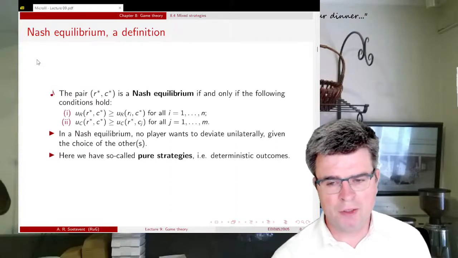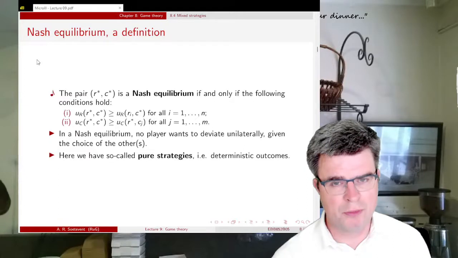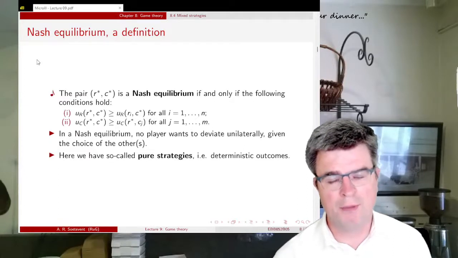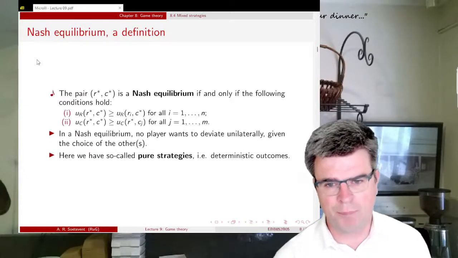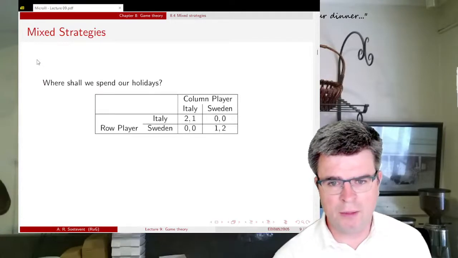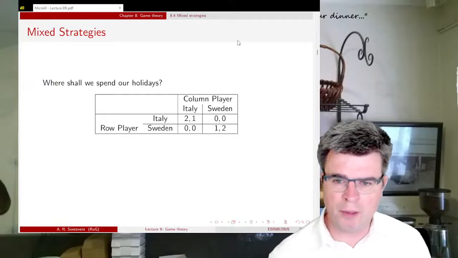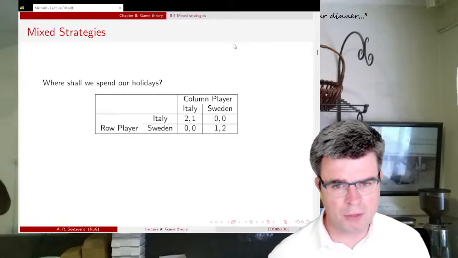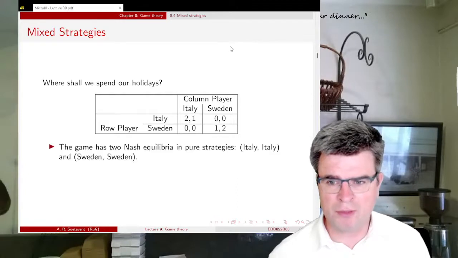And in this case we have so-called pure strategies, so strategies that are played with certainty, with probability 1. So in our game, the Battle of the Sexes game, there are Nash equilibria. And so what are the Nash equilibria of this game?